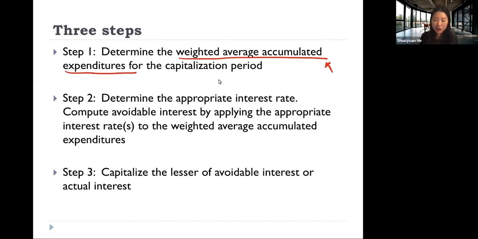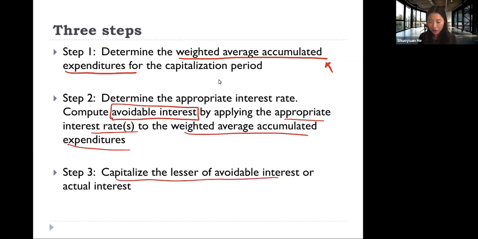Step 2 is to determine the appropriate interest rate and compute avoidable interest by applying the appropriate interest rate to the weighted average accumulative expenditure. And step 3 is to capitalize the lesser of avoidable interest or actual interest. So what do we mean by these 3 steps? Now let's look at an example.